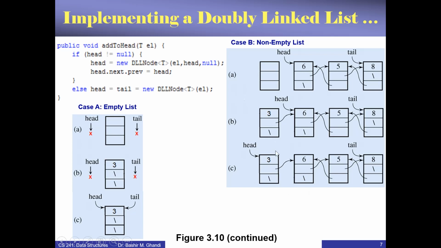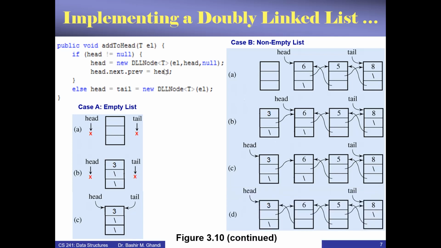Becomes this node. So which reference is pointing to the node right now? It is head. Head is pointing to that node. Therefore, this variable becomes the same as head. It should point to the new node. This is exactly what we have here. Head dot next dot prev becomes head.